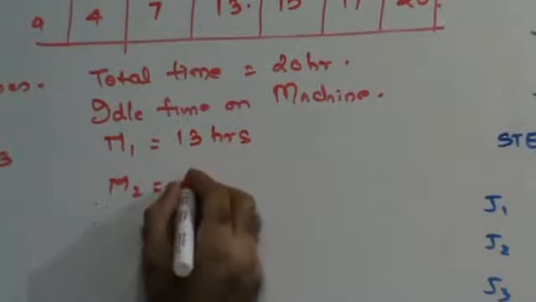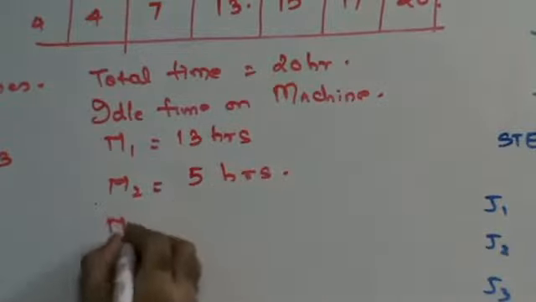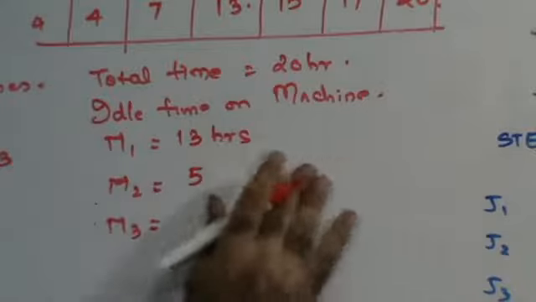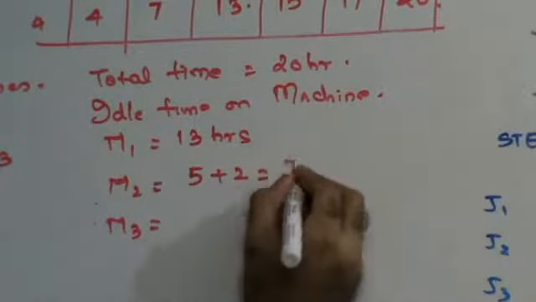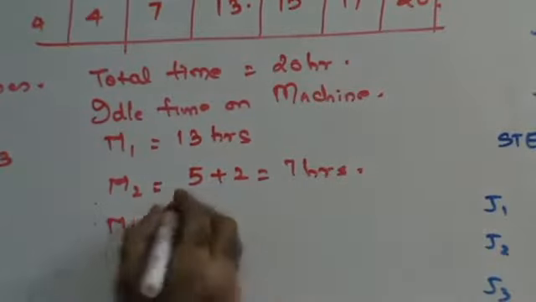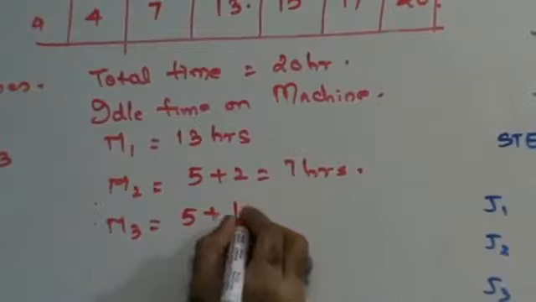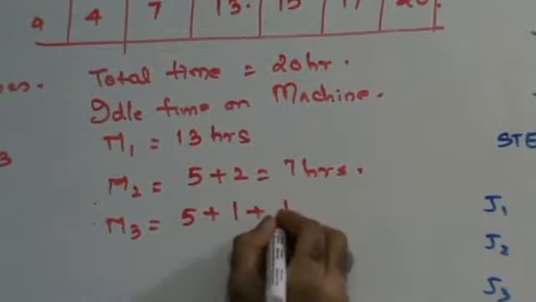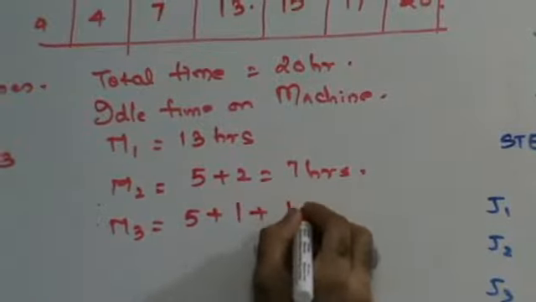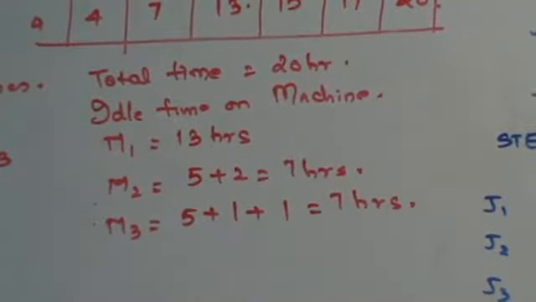You finish your work in 15 hours and the total work got completed in 20 hours. Plus the initial 2 hours, that's 7 hours. Here, the initial 5 hours plus 1 hour while you were doing job 2 plus 1 hour while you were doing job 3. That's 7 hours. That's the idle time on machines M1, M2 and M3.